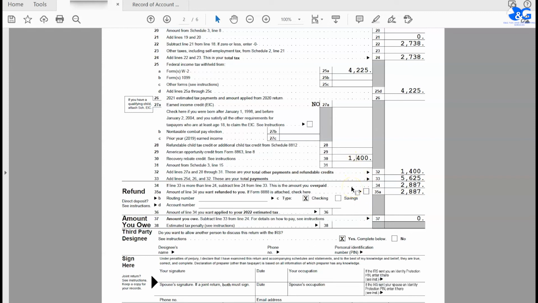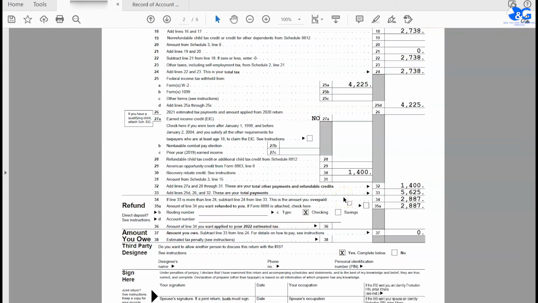A lot of people are going through this issue, and I feel it's helpful to explain the reason why your tax refund may be lower than expected. Now, the issue is not only about stimulus check. It could be a child tax credit.